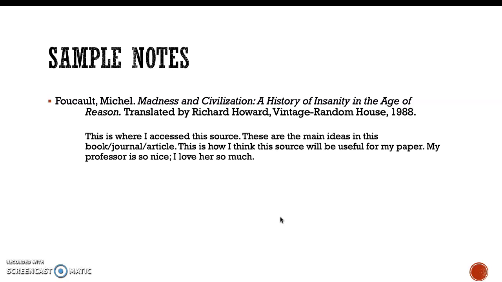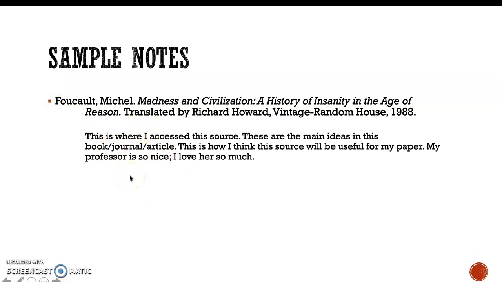So for each source you look at, I definitely recommend that you enter in the information in MLA format. Do this now so that you're not stuck trying to do the formatting for all 10 sources at once, because it is tedious and it can just be a pain. So I definitely recommend for every source you look at, creating a works cited entry, and then including some notes under that entry that will be helpful to you later.